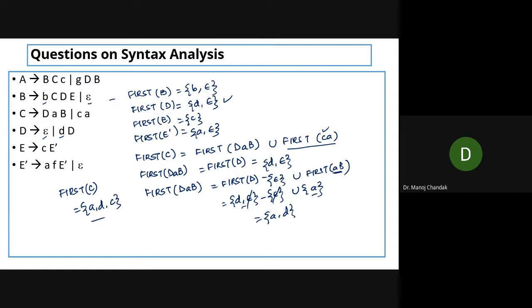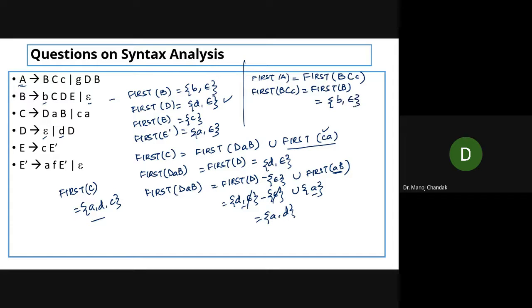Right, good. The problem still exists with first of A. So let us try to compute what is first of A. I will write here: first of capital A is equal to... There is no problem if the rules start with a terminal symbol, but if it starts with a non-terminal, then it creates the problem. So first of BCC, what is first of BCC? It is equal to first of B, and first of B is already given: B epsilon.